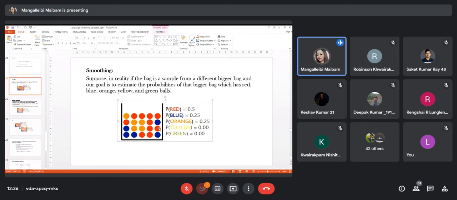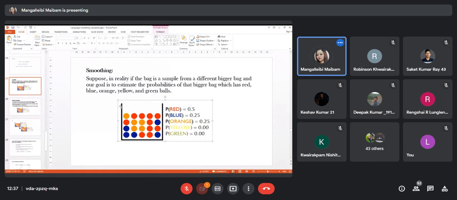Okay, but our condition is what? Our condition is, if I take out this bag which contains all these balls from another bigger bag, then we may have chances to contain other different color balls. It can be yellow, it can be green, it can be purple, it can be black, it can have other different color balls also.